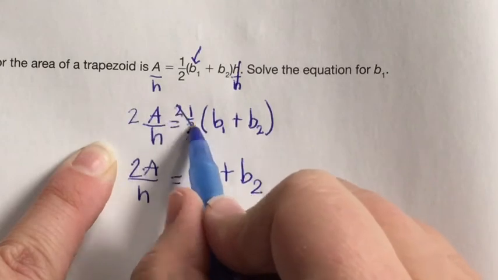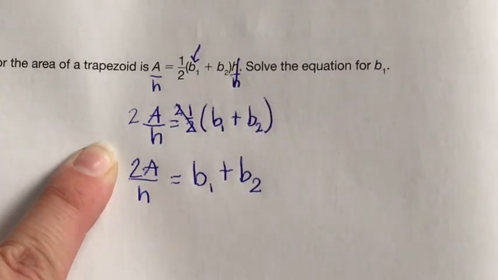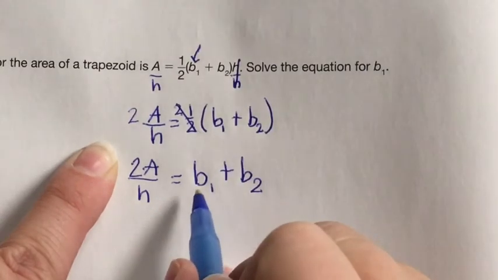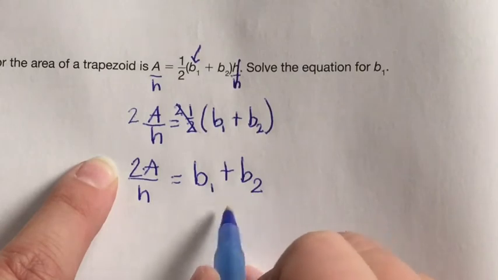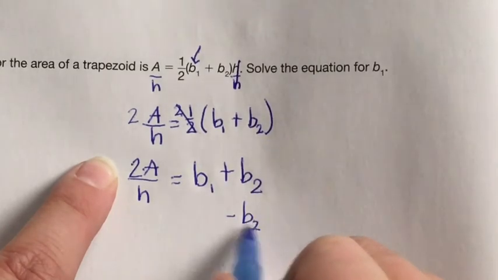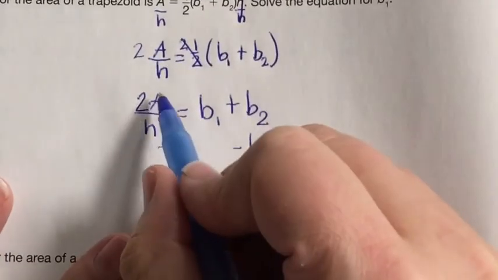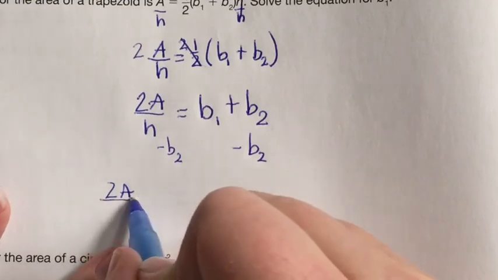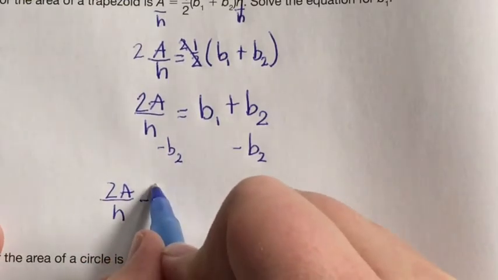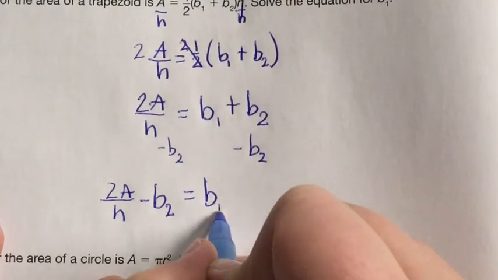Since there's nothing being multiplied on the outside besides 1, we can leave the parentheses off. I still want to get b1, so I'm going to simply subtract b2. Then what's left is 2A over h minus b2 is equal to b1.